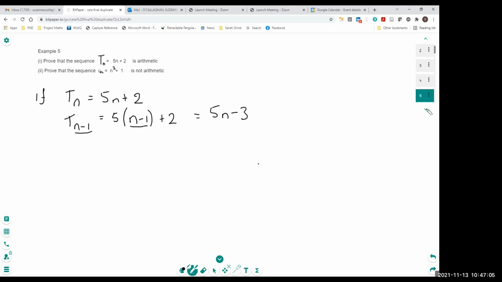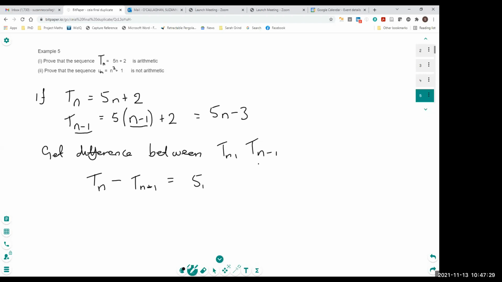So get the difference between them, between t of n and t of n minus 1. It should generate a constant. So we have t of n minus t of n minus 1 is equal to 5n plus 2 minus 5n minus 3.